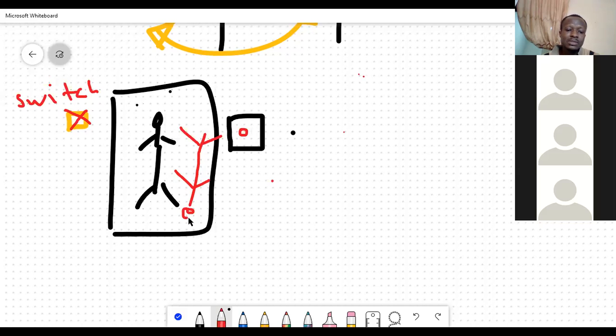Listen first, so that you can get it right. If you are now facing down this way, when you're on your right hand side, you expect the switch to be here, but it won't be there. So how would you know where the switch is now, when you touch on the right and your switch is no longer there?